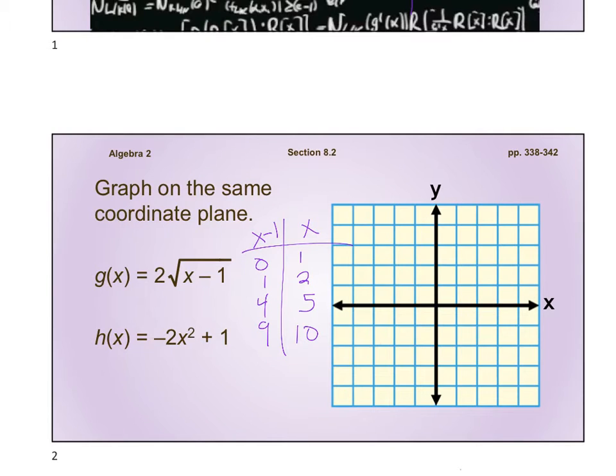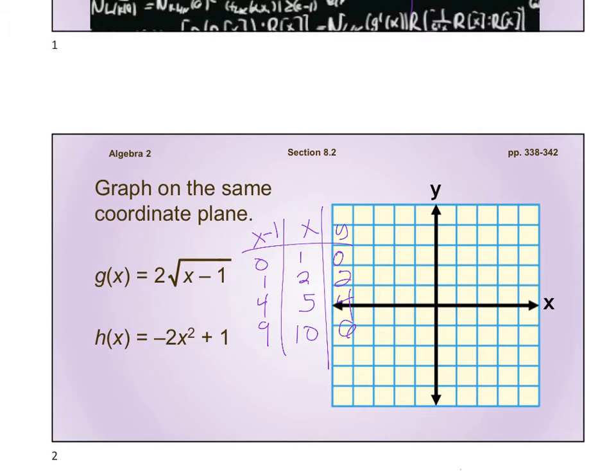The y value would then be the square root of each of the x minus 1 values times 2. So the y value is going to be 0, 2, 4, and 3 times 2 is 6. So I have 1, 0.